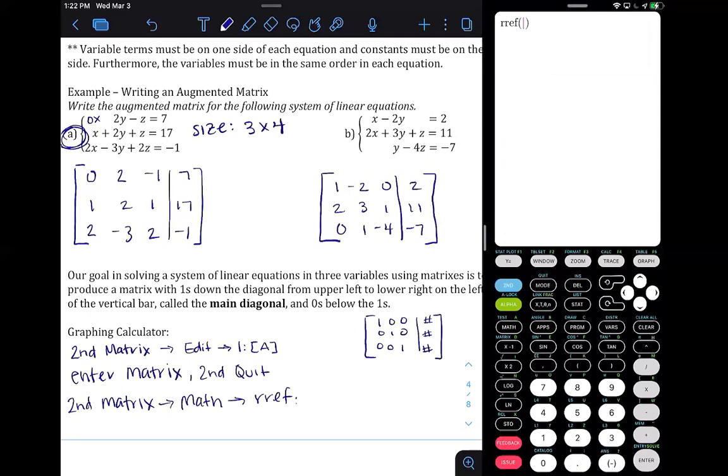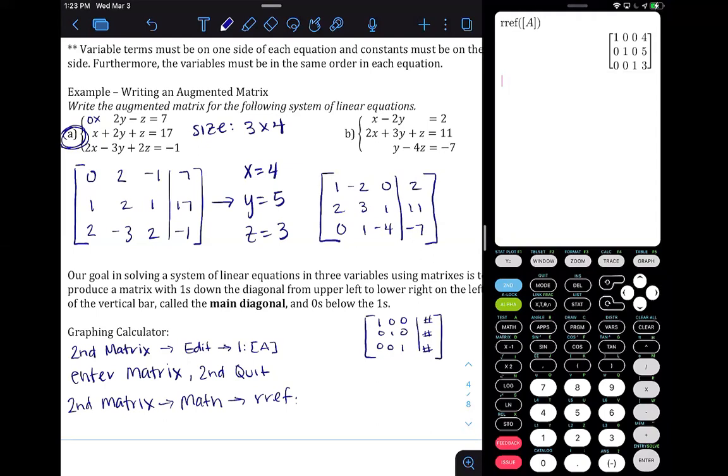And then we want matrix A typed in there. So we're going to go back to second matrix and then hit enter, and hit enter again. And then you get the matrix, which will spit out your solutions. So if we do that, we get x equals 4, y equals 5, z equals 3. And that is your answer.